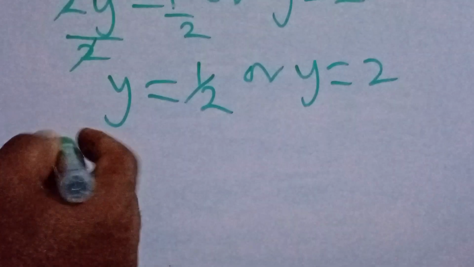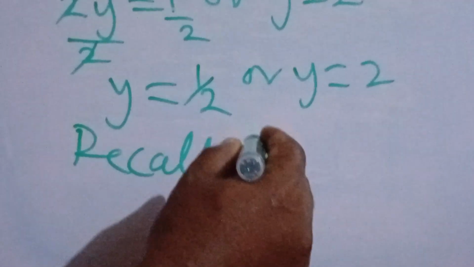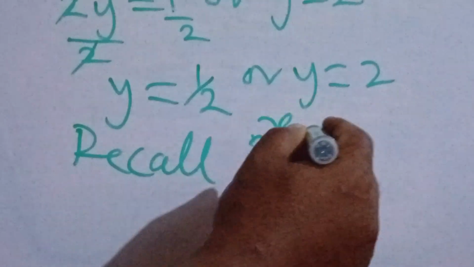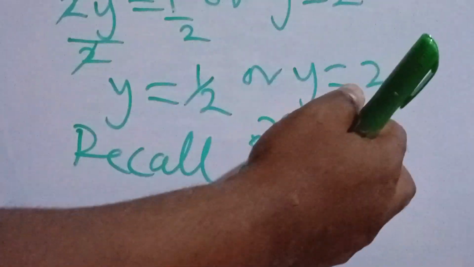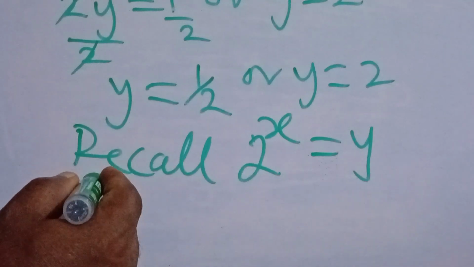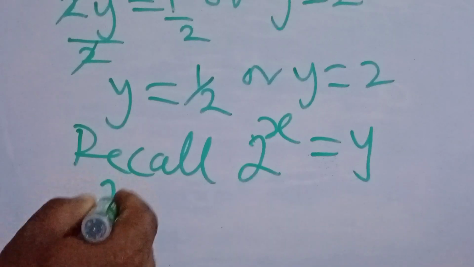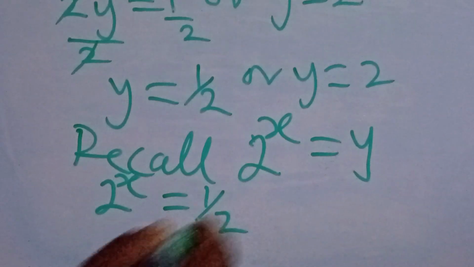Recall 2 raised to the power x equals y. So, since we know the value of y, we substitute the value of y here. That we have 2 raised to the power x equals half.